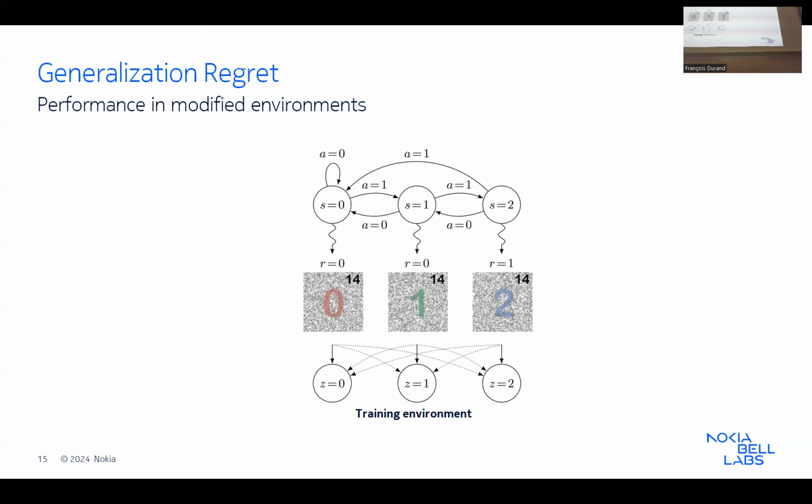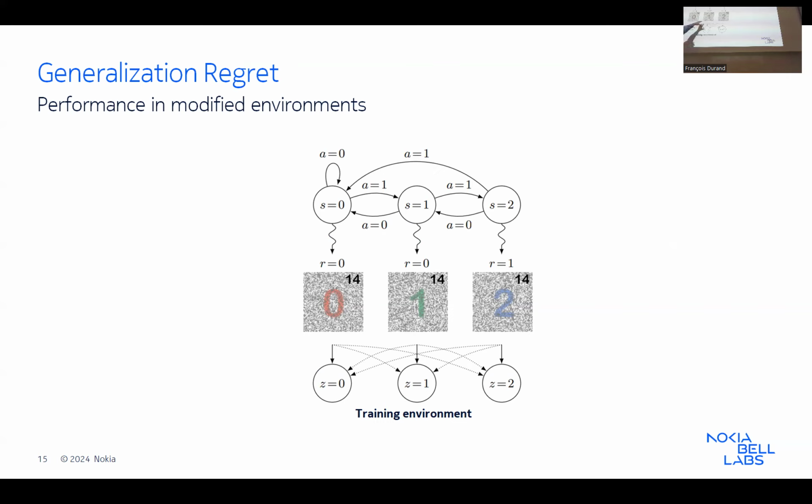So that's this more formal definition of the first question I asked: how can we separate out the recognition error from the decision error? The second question was about generalization, which is how well can we use similar notions to define how well an algorithm performs in modified environments.